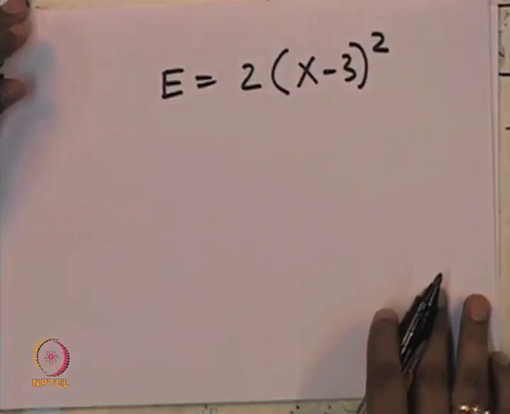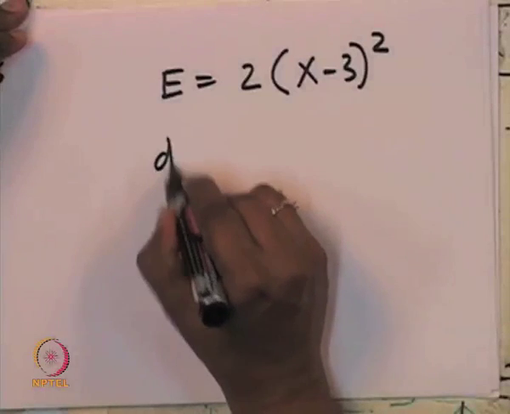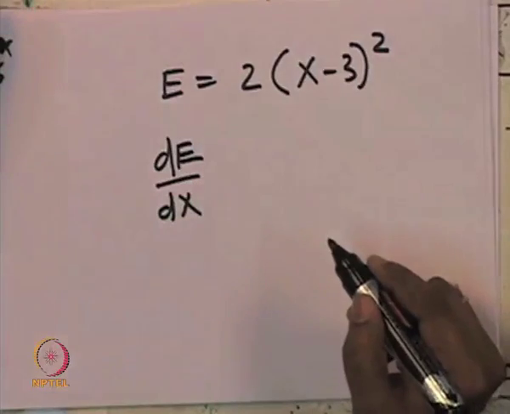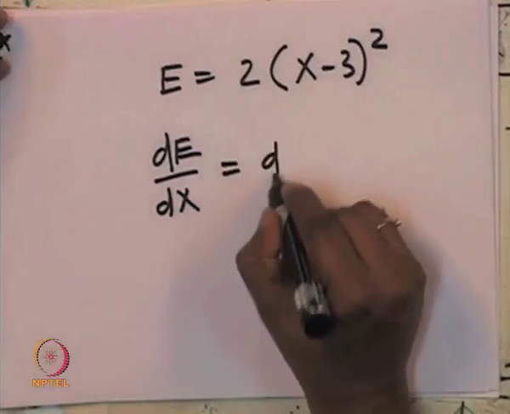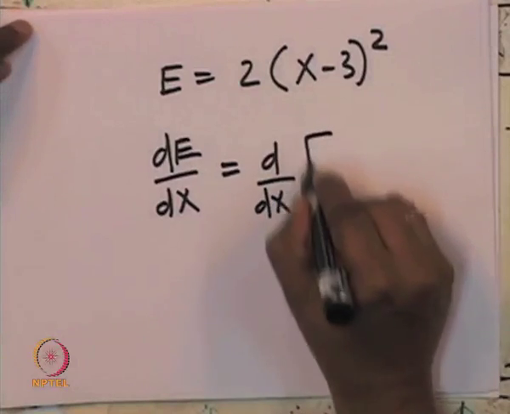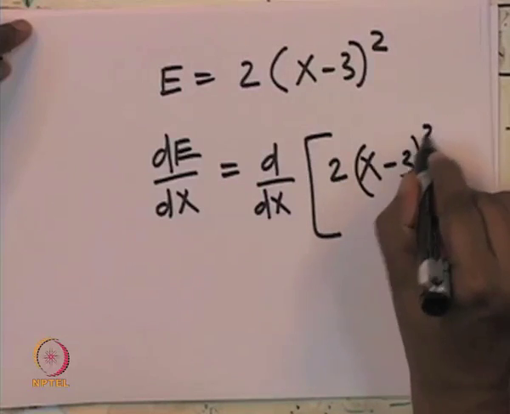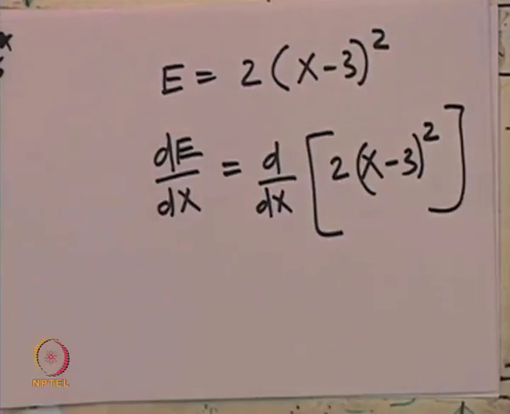The derivative at that particular point is dE by dx, which is d by dx of this quantity, 2 into x minus 3 whole square. So, this is what we want to find out.